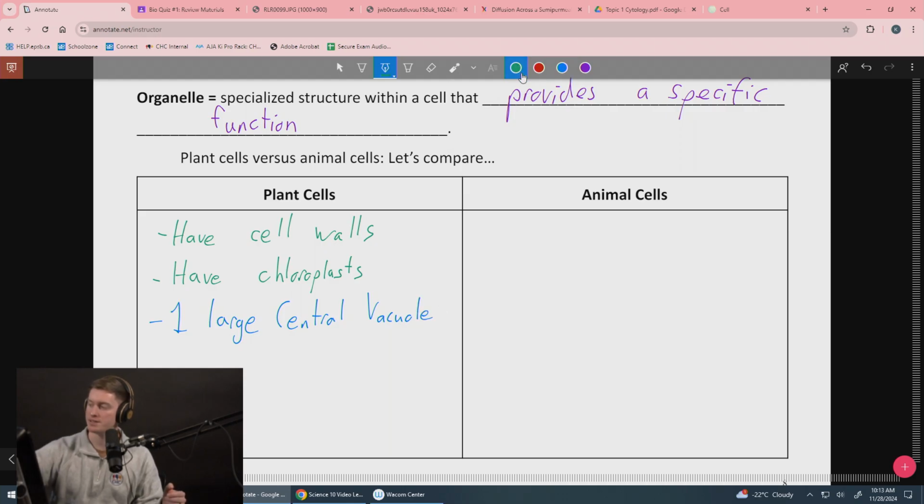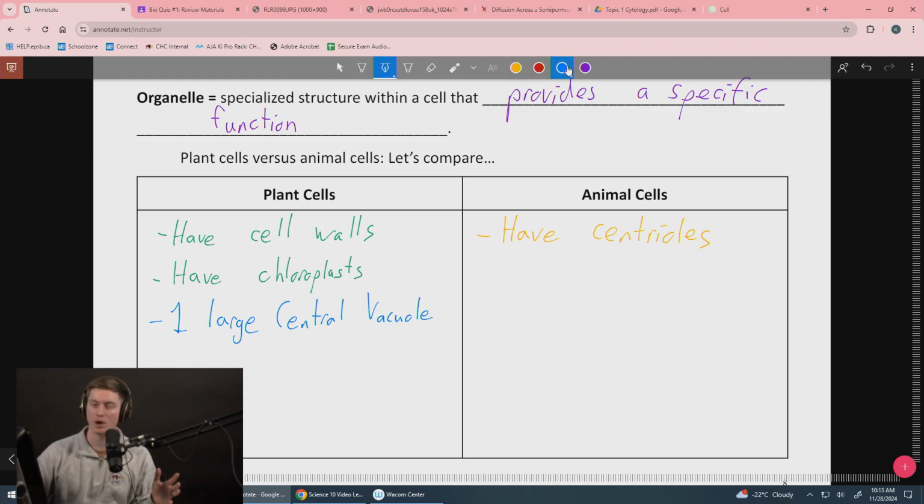We're going to compare that to animal cells. Animal cells have centrioles. That's the organelle that I had you star on the previous page. There's going to be some other things that they have that plant cells don't have, but that's the big one, is that they have centrioles.